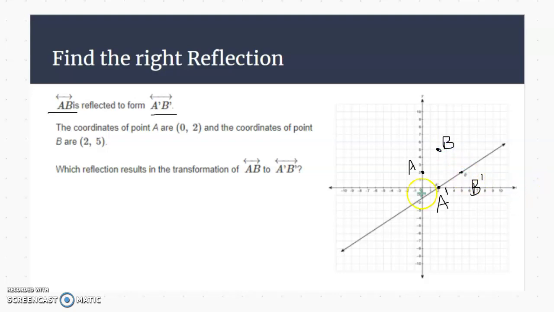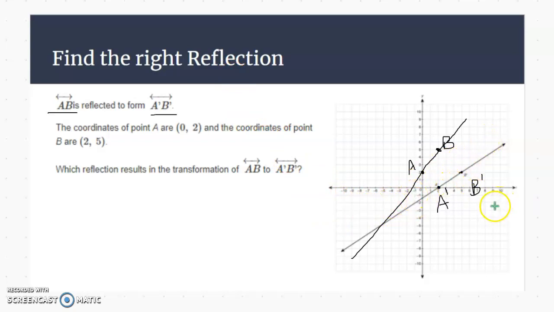Okay, now it's a little hard to tell. I'm going to try to draw this as straight as I can. I'm going to draw a line connecting A and B, and so we kind of see the mirror image. Now this is a reflection, they tell us in the problem, and we're trying to figure out what line this is reflected over.